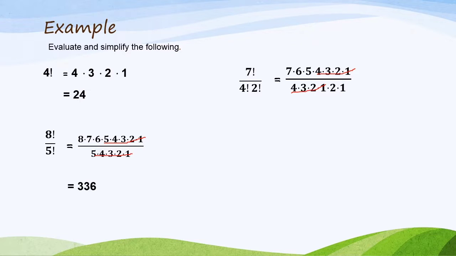Then 6 divided by 2. So that is equal to 3. Then multiply the remaining factors. So we have 7 times 3 times 5, then divided by 1. So that is equal to 105. So 7 factorial divided by 4 factorial times 2 factorial is equal to 105.